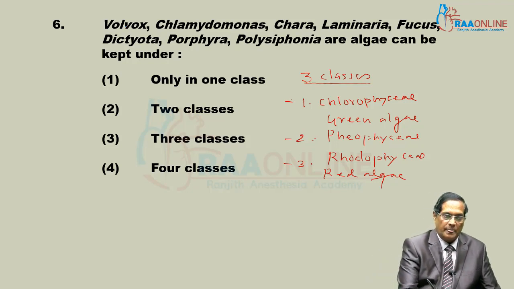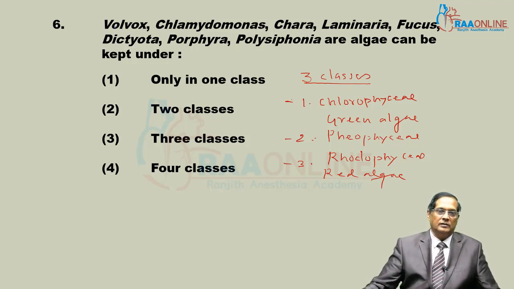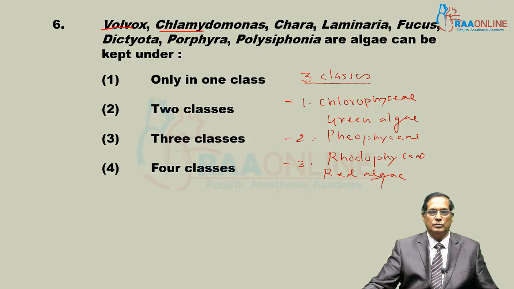So, let us know. Volvox is a member of green alga. Volvox green algae, Chlamydomonas green algae, Chara green alga, Laminaria brown algae, Fucus brown algae, Dictyota brown algae.